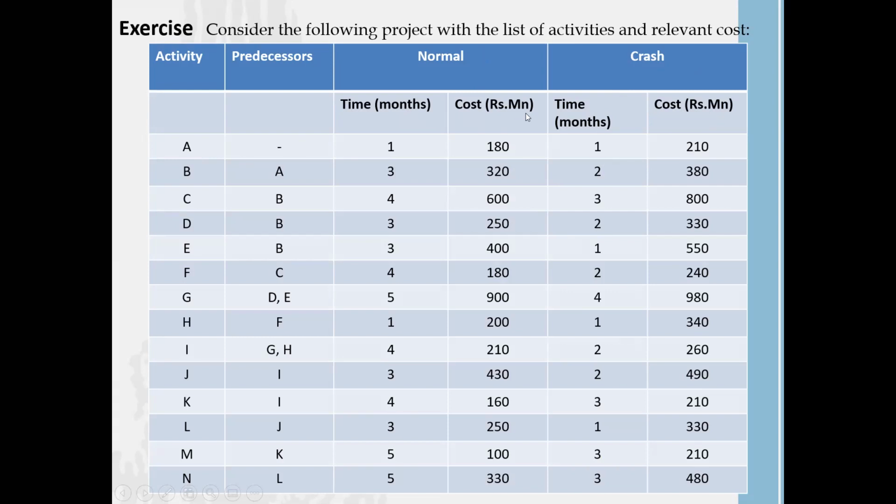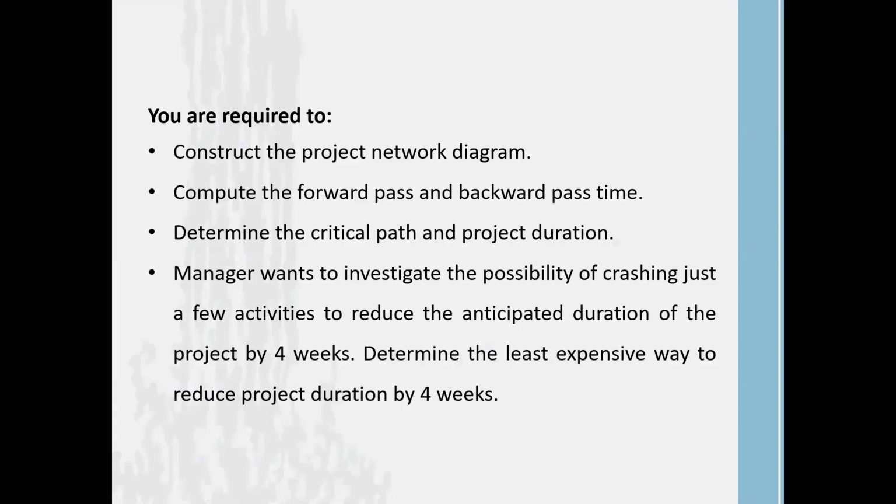First draw the network, and construct the project network diagram, compute the forward pass and backward pass. Or else you can go with the critical path activities with all the possible paths and calculate the time duration. Then determine the critical path and project duration.